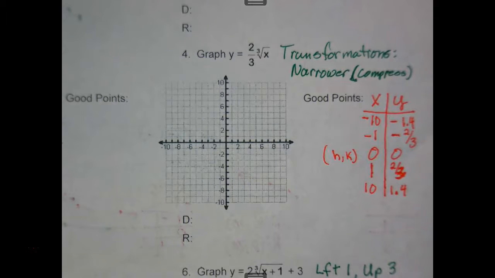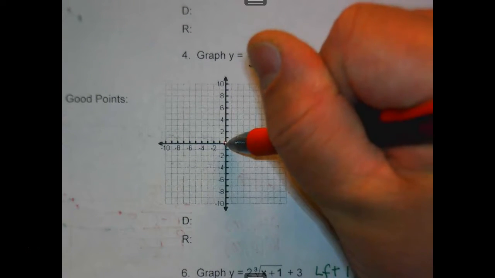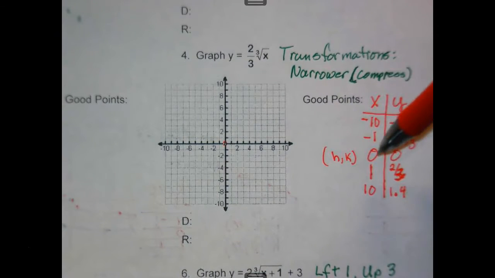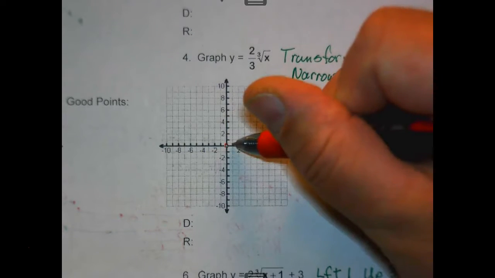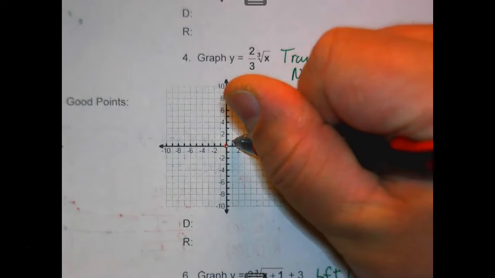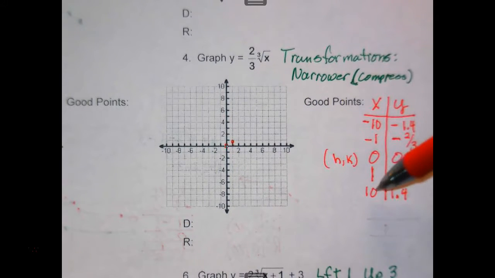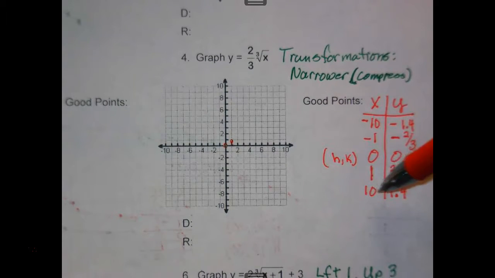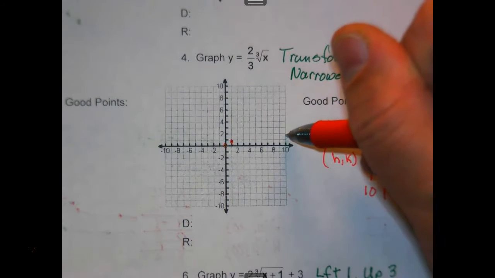So let's plot these. I have 0, 0. I have 1, 2/3. So 1 and almost 1. So there's 2/3. Then I have 10 and like 1.5. So 10, 1.5.